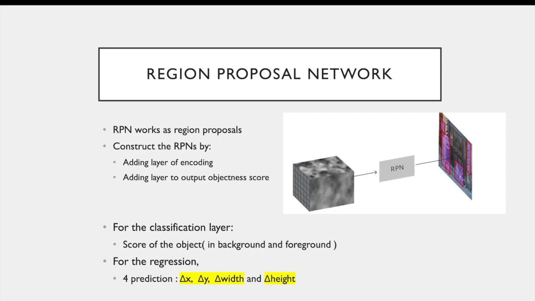X and y will determine the location of the object, and the width and height will determine the size of the bounding box. These 4 predictions will apply to the anchor that I talked about earlier to get the final proposal. Using the final proposal coordinates and the objectness score, we then have a good set of proposals for object detection.